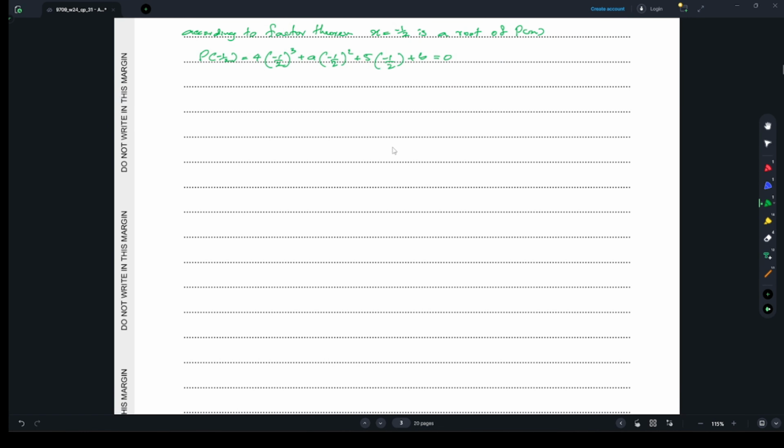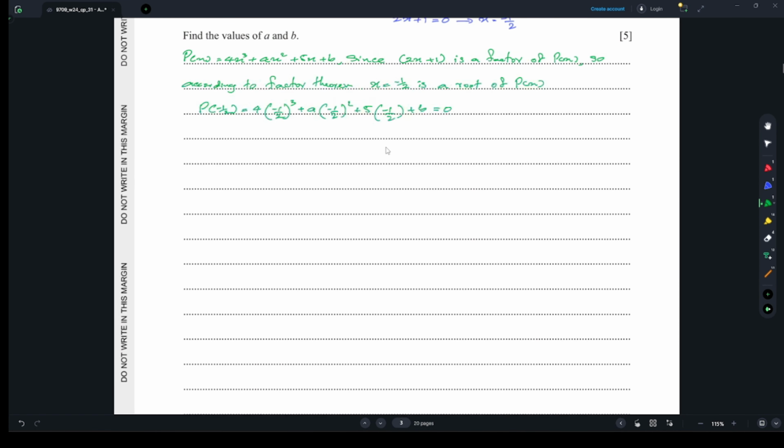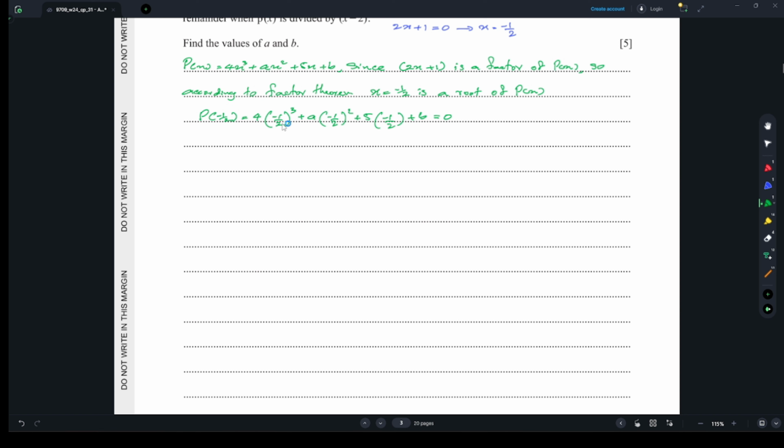Now you can simplify this. Minus half cubed is minus 1 over 8, and we can cancel with 4, so it's minus half, plus here the square, so it is 1 over 4 a, and then 5 times minus half, so minus 5 over 2, plus b equals 0.